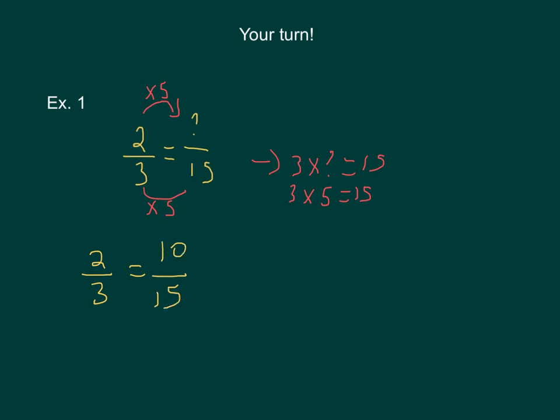So really the important thing to remember here is just whatever you do to the bottom, you do it to the top. It's always the same. So we times the bottom by 5, we times the top by 5. Same thing. And our answer is 10 over 15. To double check our work, we can just say, okay, 3 times 5 got us 15. 2 times 5 gets us 10. Yes, we've got the right answer.